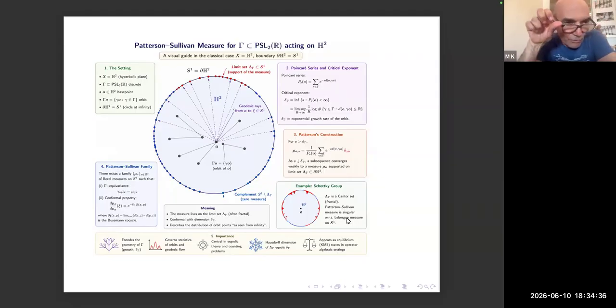It shows the density of the orbits as they approach the boundary. So it is a probability measure on the boundary which measures the density of orbits. The way it was defined by Patterson is quite interesting.